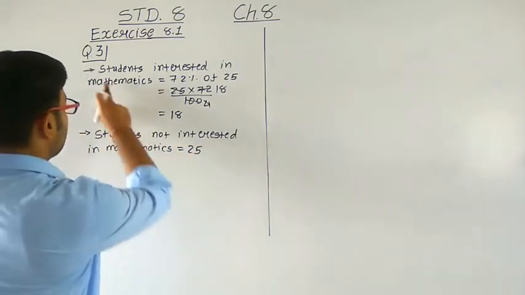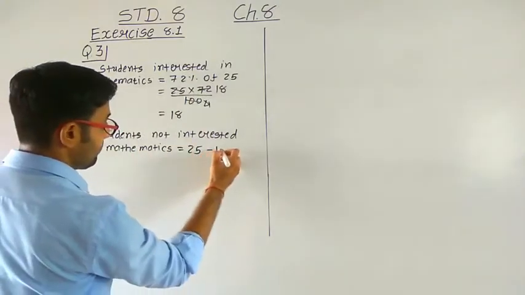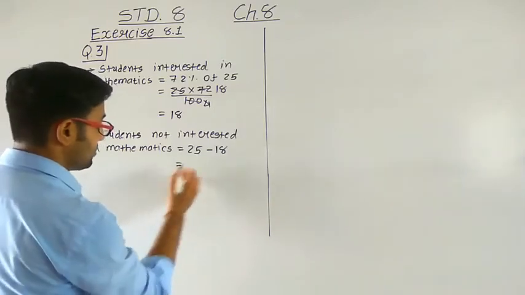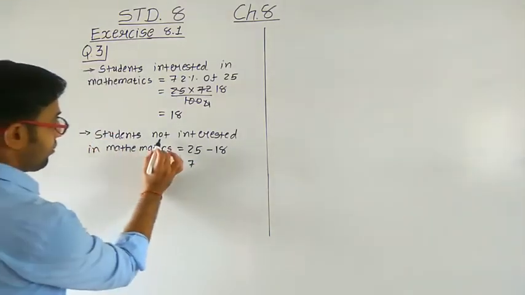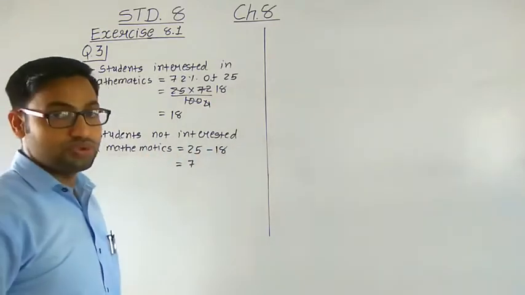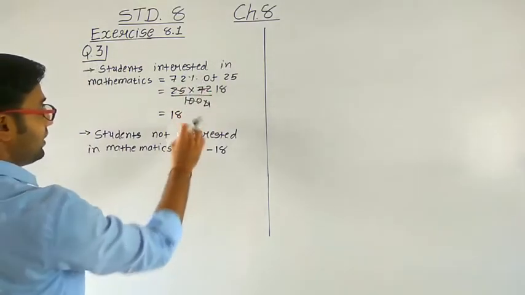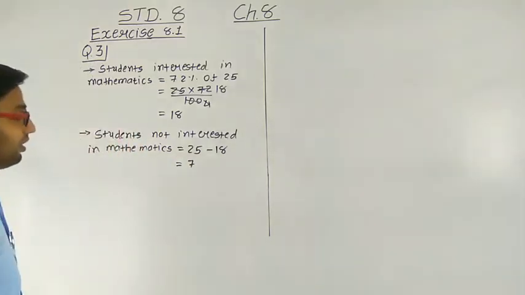Out of them, students interested in mathematics are 18. So we have to subtract it, and we get 7. So the students not interested in mathematics is equal to 7. So see how we use percentage here to find the required answer. Right? So this is question number 3.